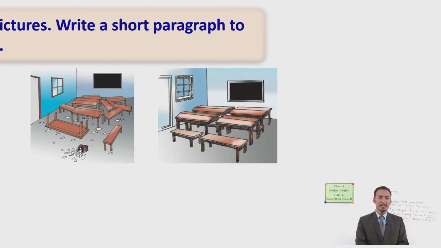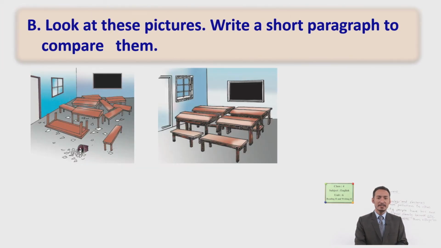Now we will look at another exercise for writing. This will help you to compare two classrooms here. Look at the pictures and write a short paragraph to compare them. Look at this first one. What has happened here? Look at this.